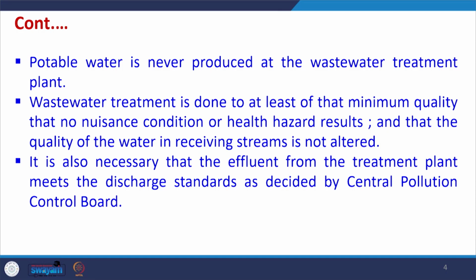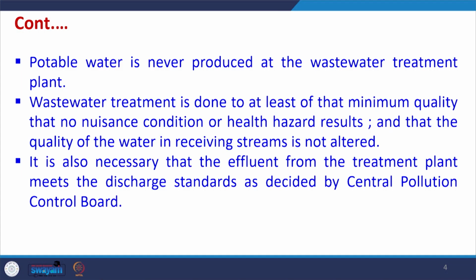Wastewater treatment is done to at least a minimum quality, so that no nuisance conditions or health hazard result, and that the quality of water in the receiving stream is not altered if that wastewater, after treatment, is allowed to be discharged into any river.